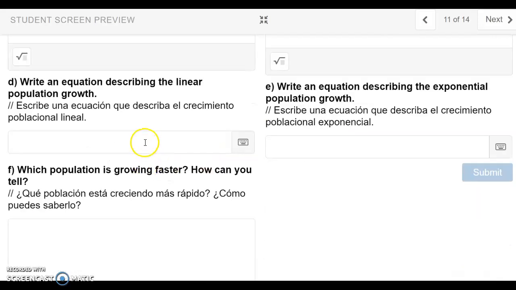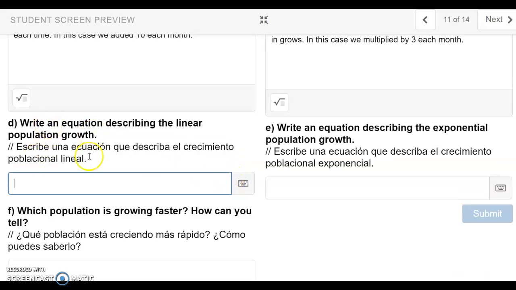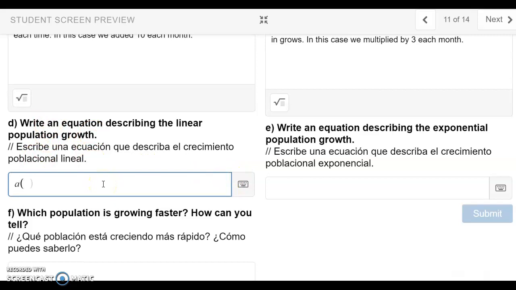So let's look at those examples. Let's call this one A of M, because we're adding, equals our growth each month was 10 times M, right? We could use X, Y, Z, anything, 10 times M, plus our initial value of 5 ladybugs.